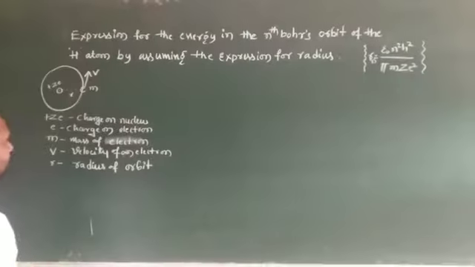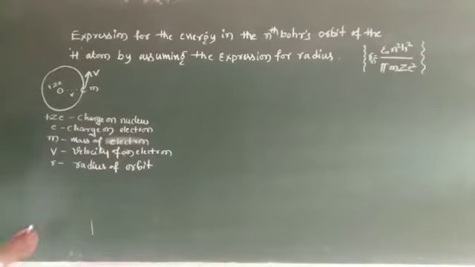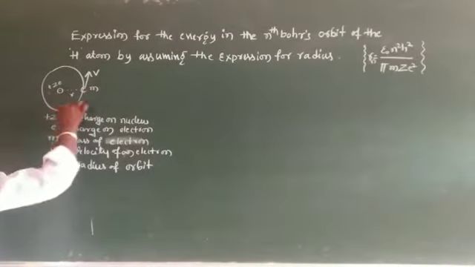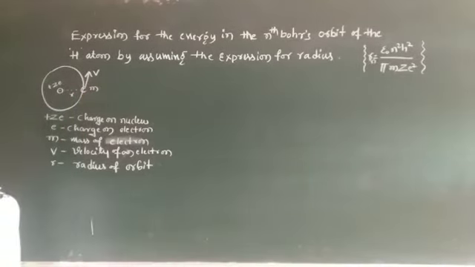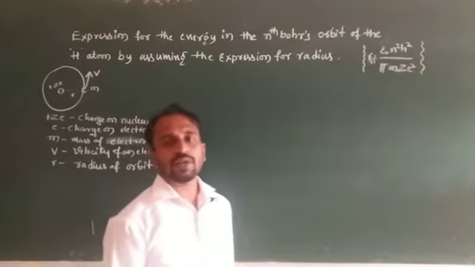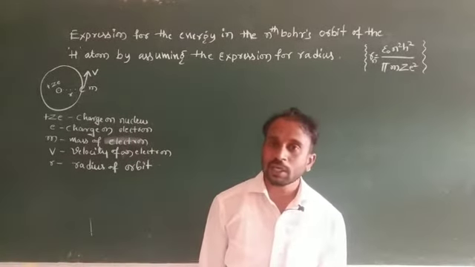Here the electron revolves around the nucleus, and it possesses kinetic energy as well as potential energy.